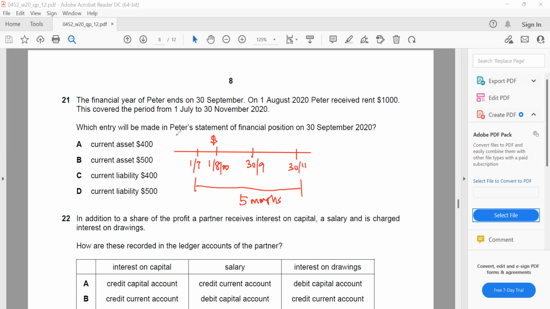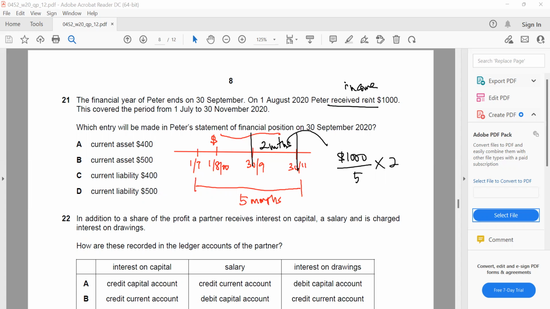Which entry will make the Peter statement? Statement of financial position is referred to this part. So here to here is 2 months. So we need to calculate. Take the 1,000 divided by 5 times 2. So it's 400. So this is called prepaid income. Received rent is an income account.